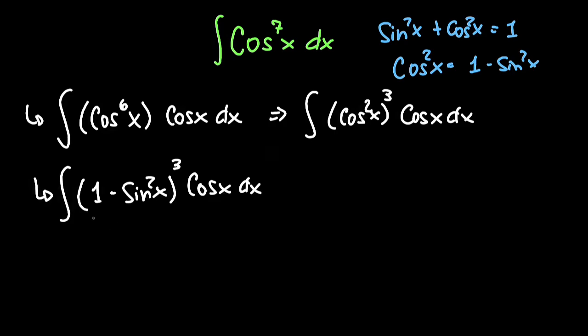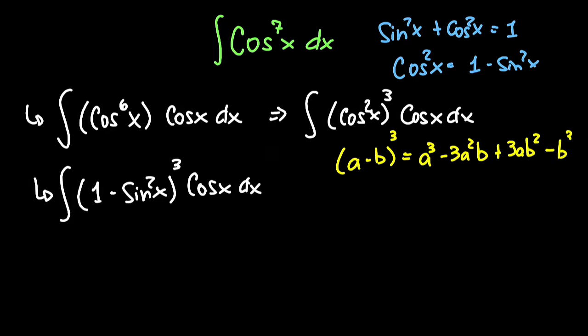The next step would be to expand this. Since this was raised to the power of 3, the formula is (a minus b) to the power of 3, with a as 1 and sine squared of x as b. So this would be equal to a cubed minus 3a squared b plus 3a b squared minus b to the power of 3.